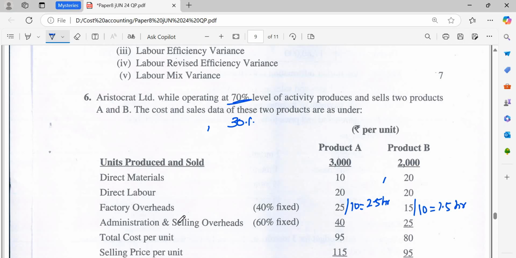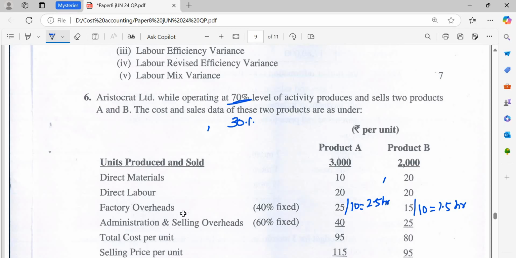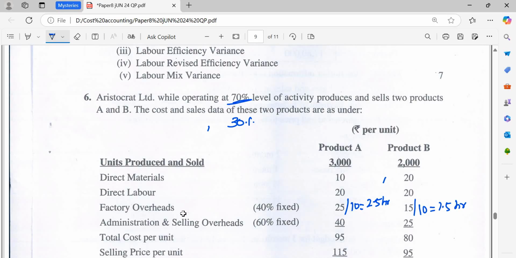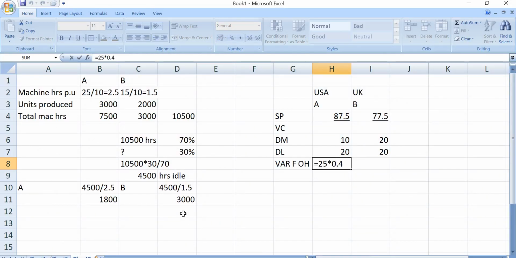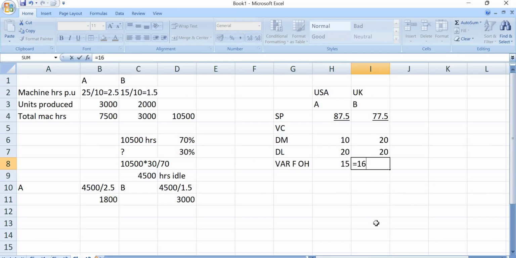Then variable factory overheads, that is 40%, right? In 25 we have variable overheads of 40%, that is 25 into 0.4, 10 rupees. Sorry, variable is 60%, 40 is fixed. So 15 rupees, and here it is 15 into 60%, that is 9 rupees.